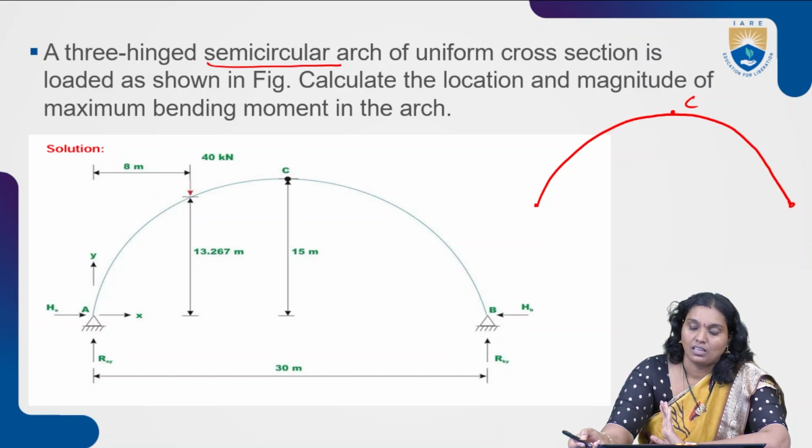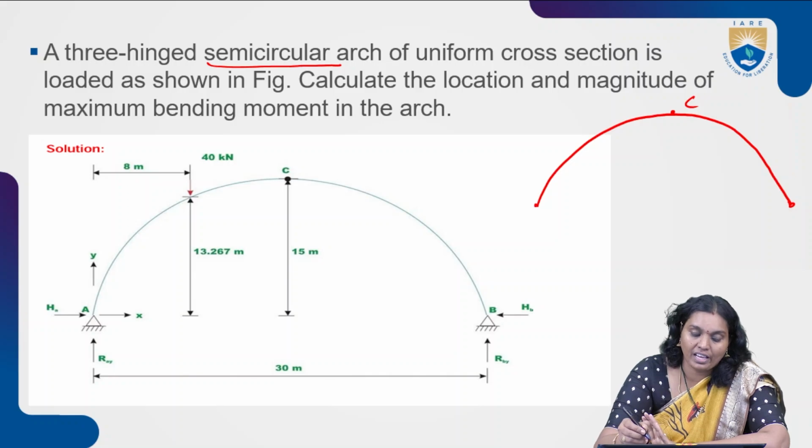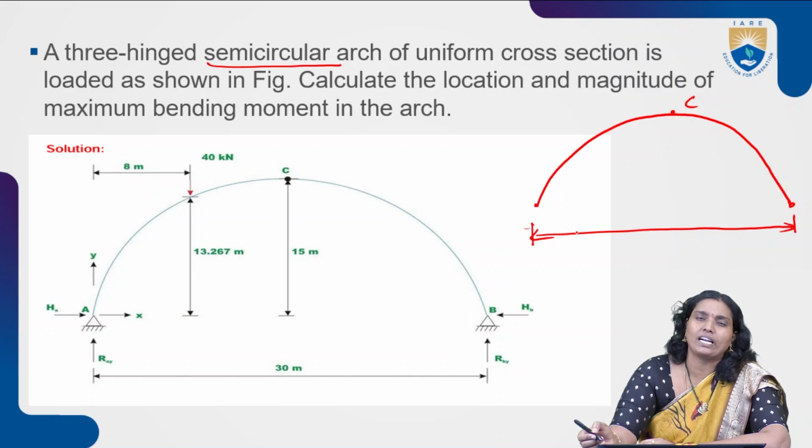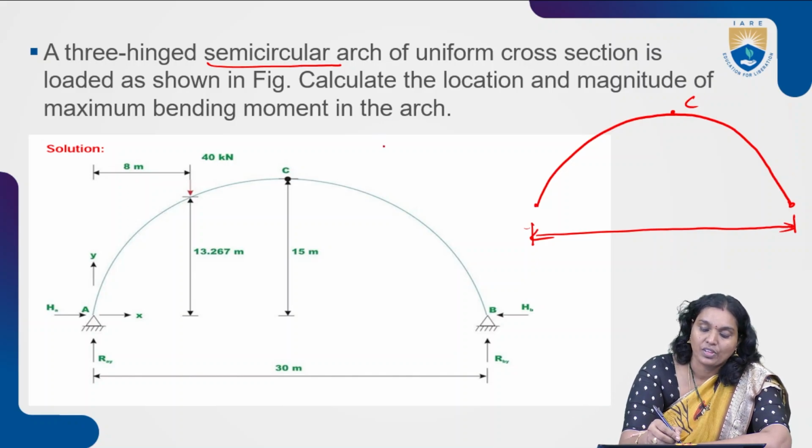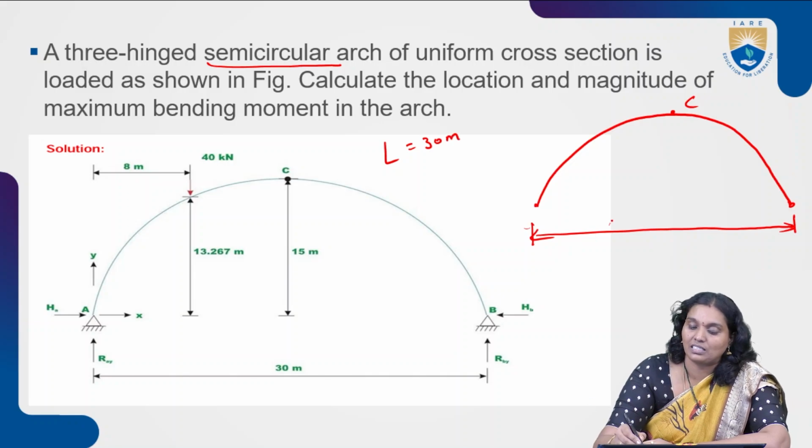This is the task. As per the given figure, the distance between the starting point and ending point of the arch, the span of the arch, is equal to 30 meters.